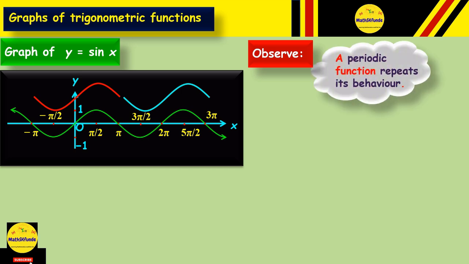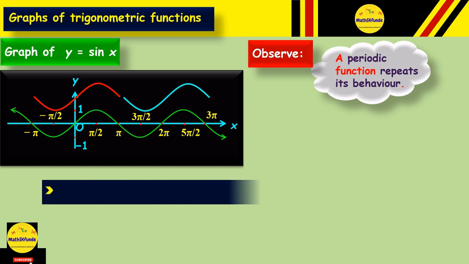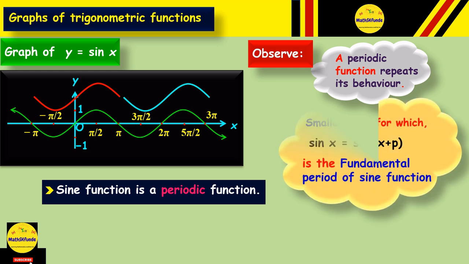A periodic function repeats its behavior. Since I am observing that the sine function is repeating its behavior, I say the sine function is a periodic function. This is one thing you can see from the graph, or conclude from the graph.